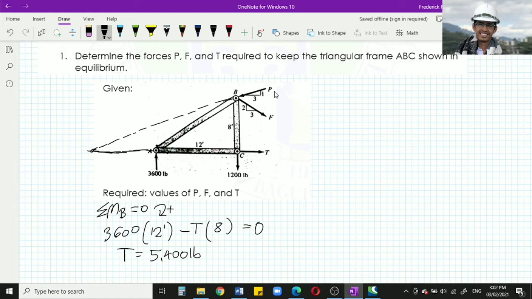Okay. So, let's call this point D. So, magkakaroon tayo ng X and Y component. So, yung force P natin magkakaroon ng PX and this is PY pala. PY and PX. Okay?